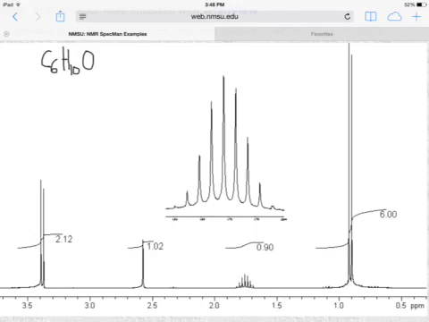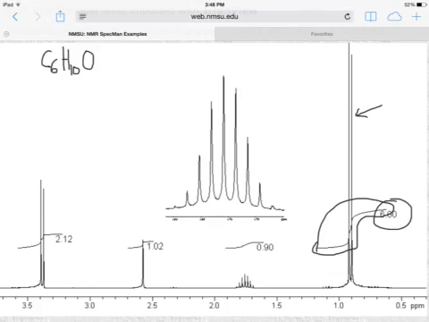Now this big signal is exactly at 0.9. So it's a good bet that this corresponds to methyl protons. Another indication that this is true is that there are 6 protons that are responsible for this signal. You can tell from this integration line. The more this line goes up, the stronger the signal and the more protons are responsible for making it.